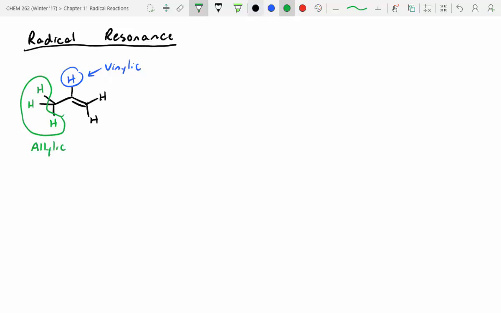And so let's try to pluck off one of those allylic protons. And so I'm just going to write minus H dot. We have to be careful not to do H plus because we're pulling off this radical. And let's take a look at the structure we would get out. So we still have this blue proton.